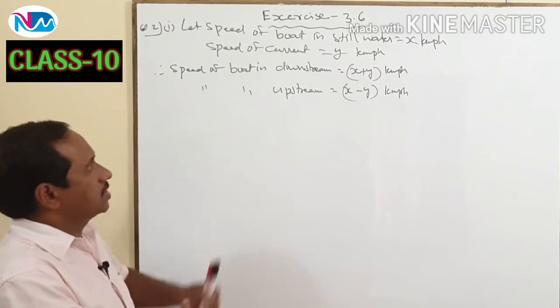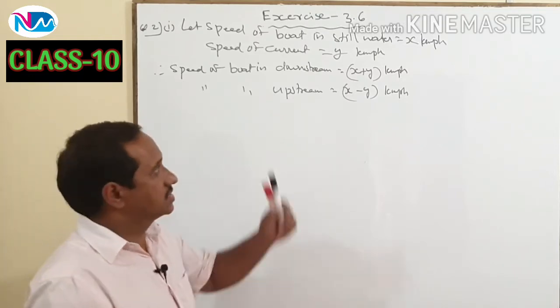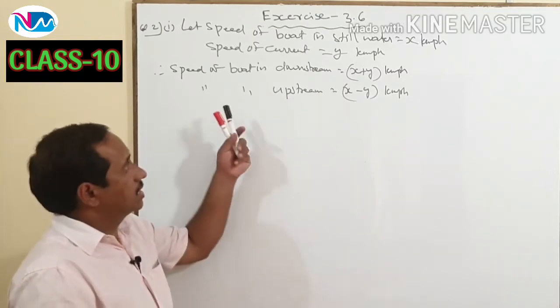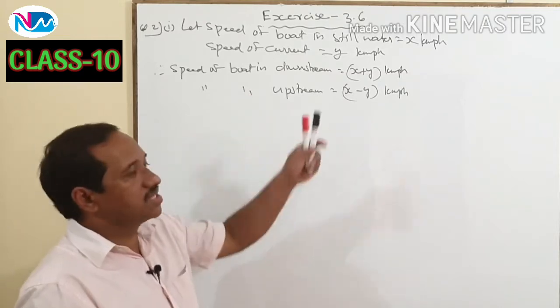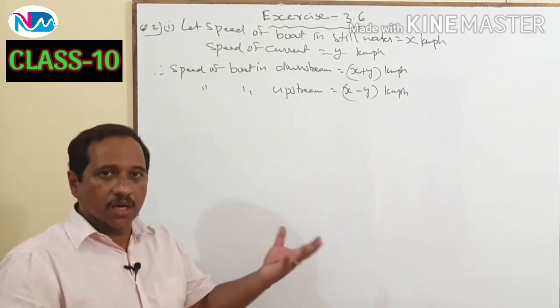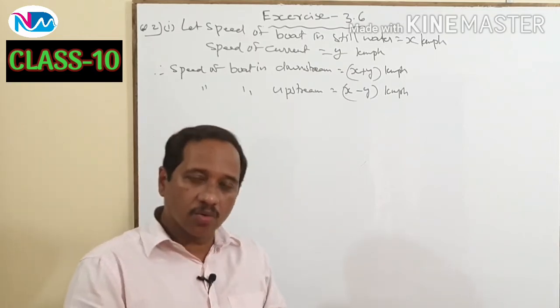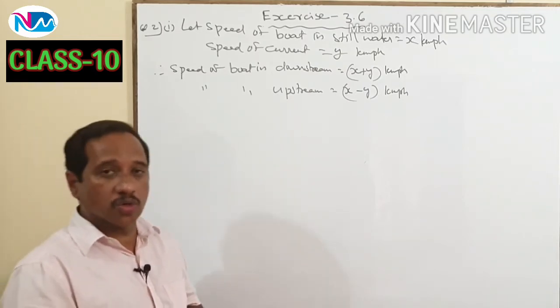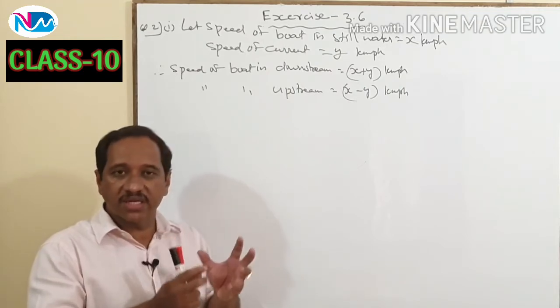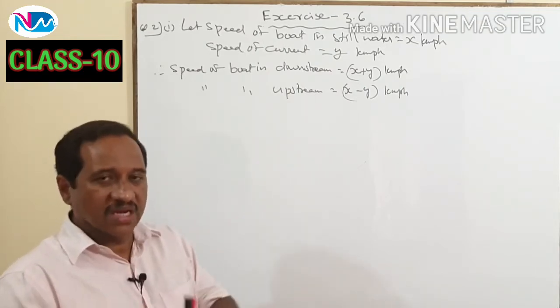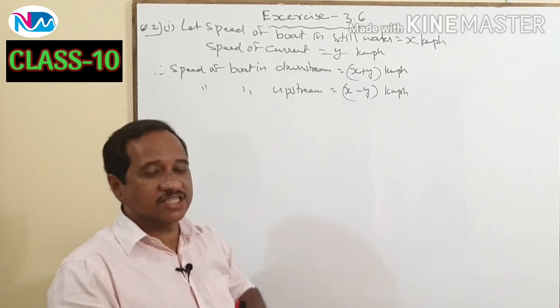So we have the speed of the boat in downstream is equal to x plus y, and the speed of the boat in upstream is equal to x minus y. Now we have two values. Ritu can row downstream 20 km in 2 hours. That means in downstream the distance is given, time is given, speed is x plus y.